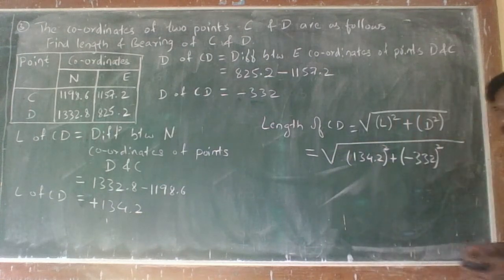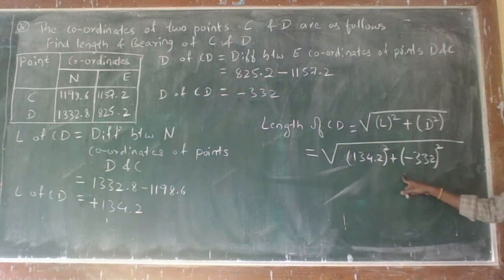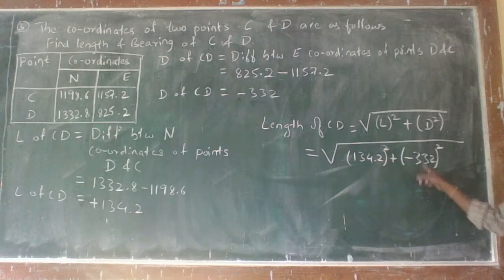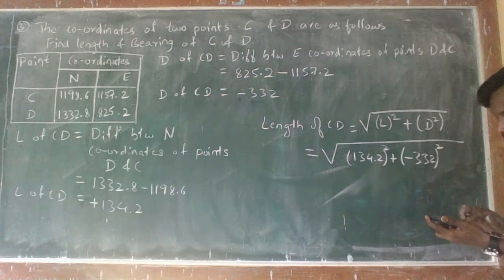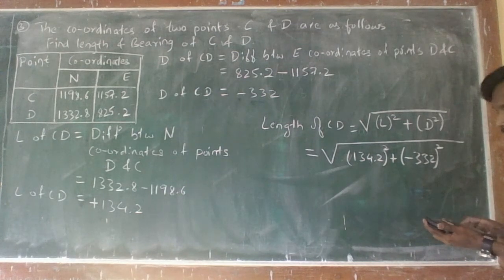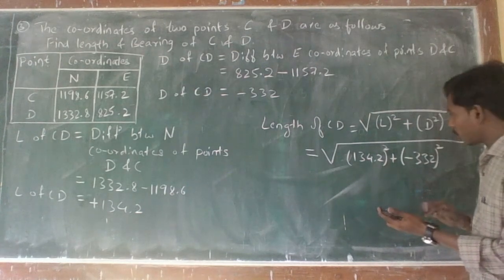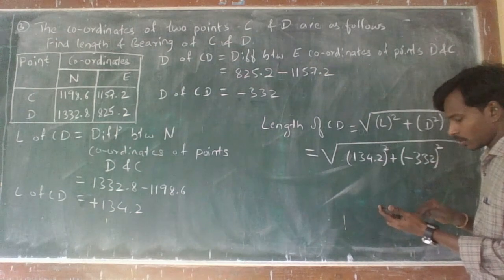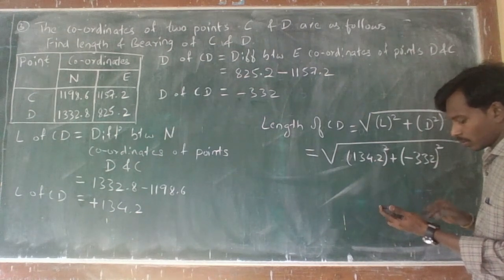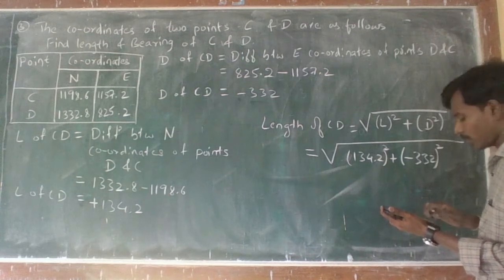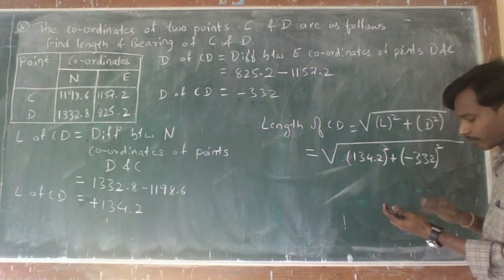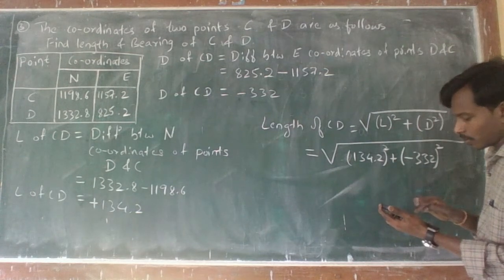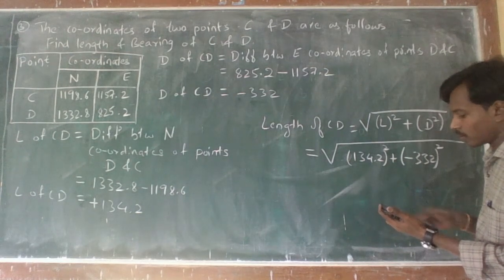Now calculate the given substituted values. So square root of, let's open the bracket, 134.2 whole square plus minus 332 whole square.